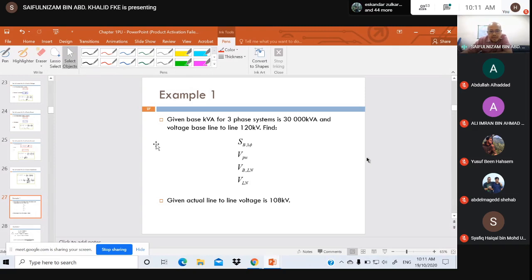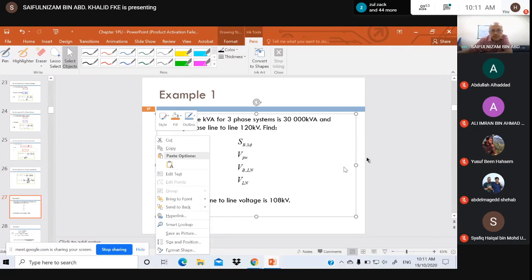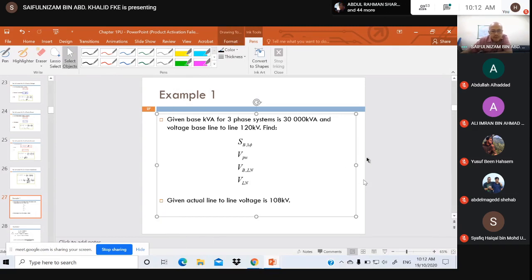So you are given here, everyone should try example 1. You are given the S base for 3 phase.